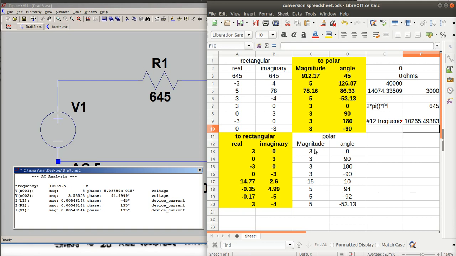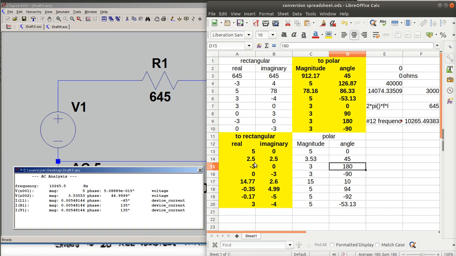So I've got a 5 angle 0, and I've got a 3.53 at an angle of 45. So here are my rectangular imaginary numbers that represent these two values.